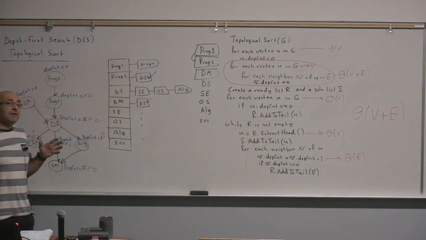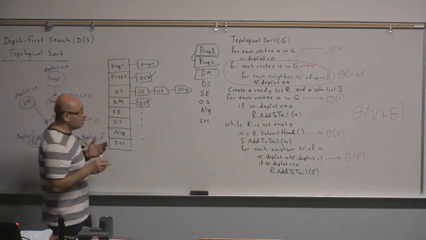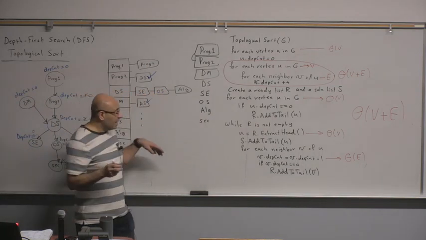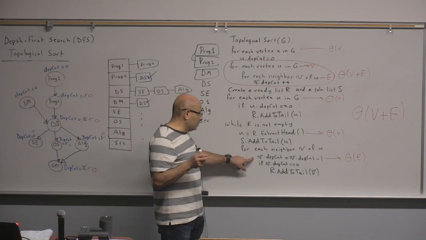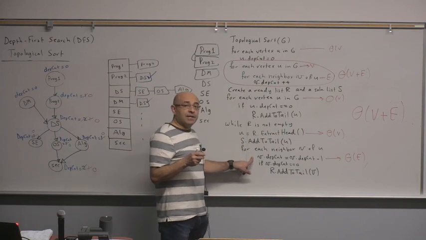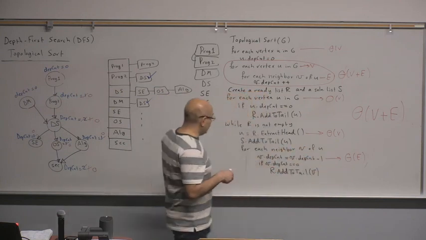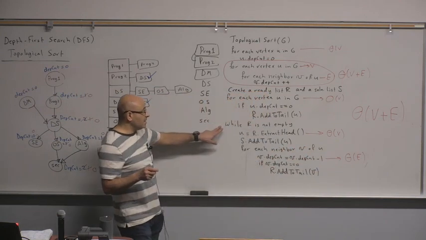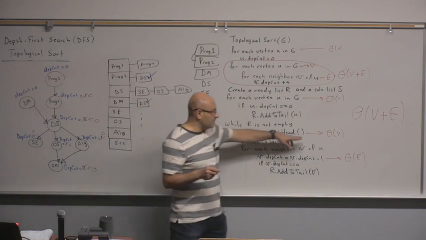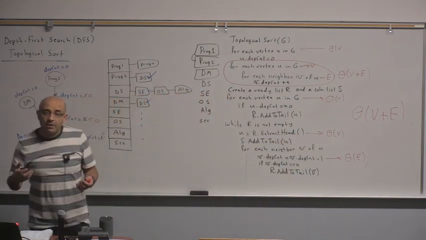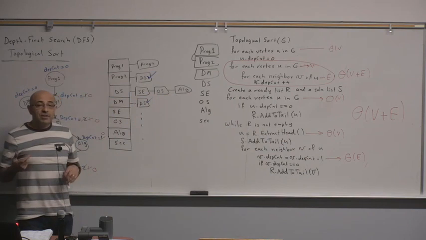Now everyone should be familiar with this pattern, because we have seen it in DFS and BFS. We should be familiar with this kind of loop that visits every edge in the graph. So this is E in aggregate. And it's inside a loop that does V. So we must visit each vertex. So this is a V. So we should be familiar by now with this V plus E pattern.